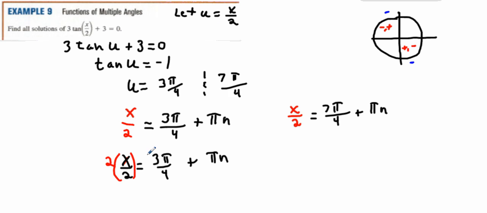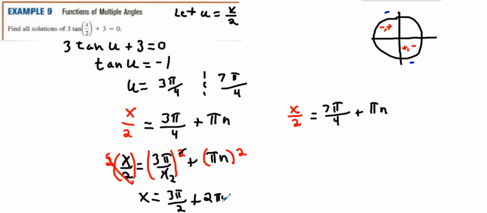The first term by 2, the 3 pi over 4 by 2, and our pi n by 2. And we can see the denominator goes away. I'm left with x is equal to, now this would be 3 pi over 2, because 2 goes into 4 two times. This is 3 pi over 2 because it's been reduced, plus 2 times pi n is 2 pi n. And there's our first solution.